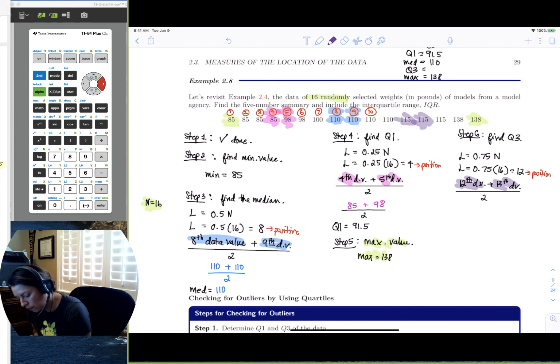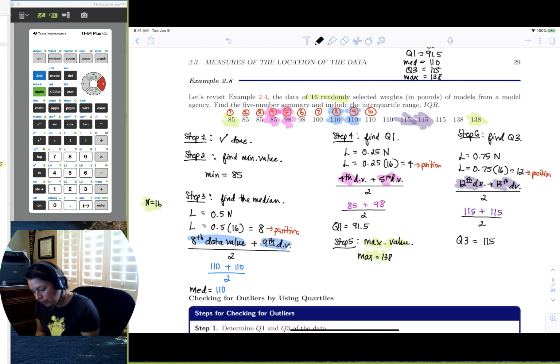So here's 12 and 13. So I would add 115 plus 115 and then divide by 2, which is 115. So Q3 is 115, and we can see that it's in between the median and max.